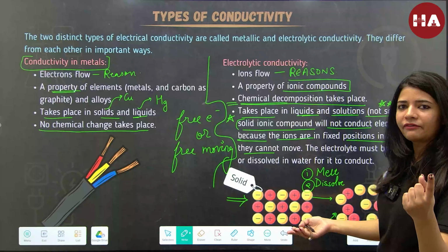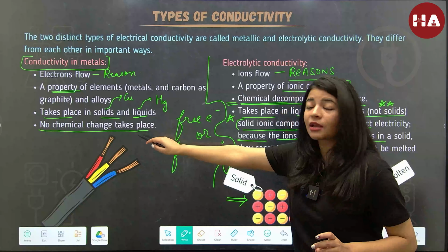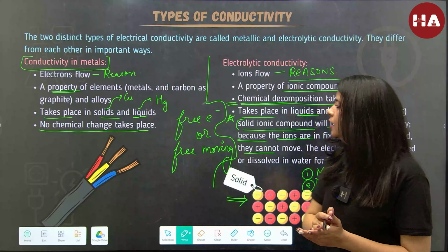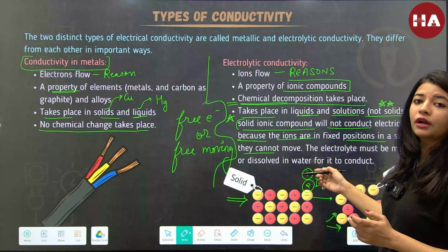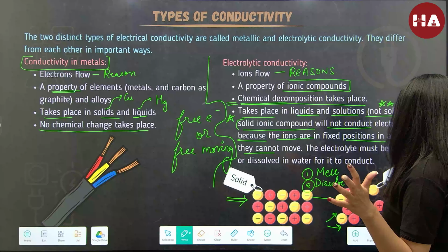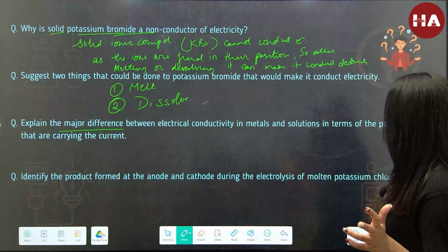One difference point is this. Another one is that no chemical change takes place in conductivity in metal. Copper remains copper whether it is conducting or not, but in case of electrolytic conductivity, decomposition takes place. So there is a chemical change taking place. Hence, let's quickly write down the difference.